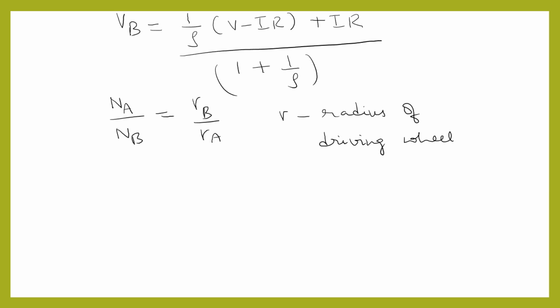Therefore, NA by NB is equal to 43 by 45, which is equal to rho.